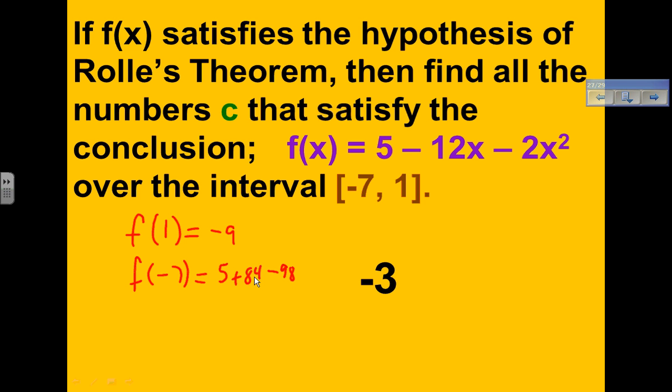So it equals -9 also. So the derivative is -12 minus 4x equals 0. Negative 4x equals negative 12. Oh, positive 12, sorry. So x equals negative 3. Good shape. All right, so that's Rolle's theorem.